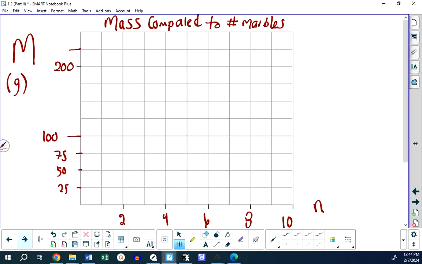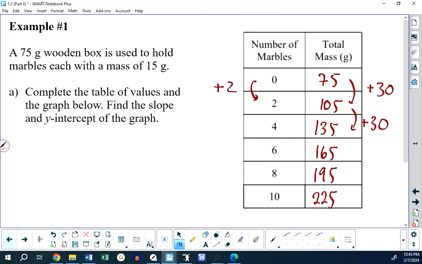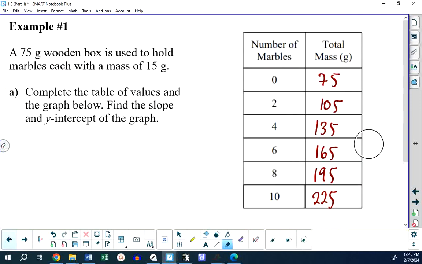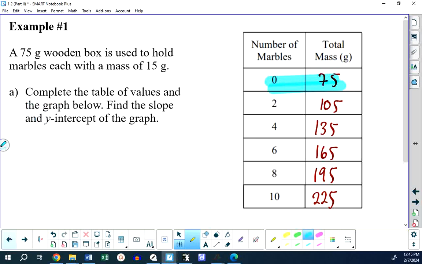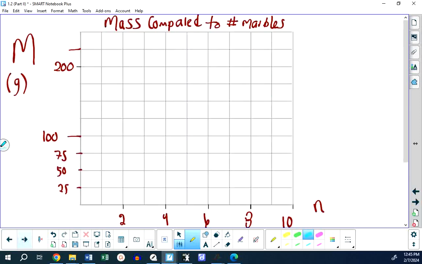Looking at your data table and looking at your graph, is 0 marbles and 75 grams a point that we can plot perfectly on our graph because we can read those points exactly? Yes, it is. 0 for the number of marbles is right at the beginning of your graph on the bottom axis, and 75 is here.